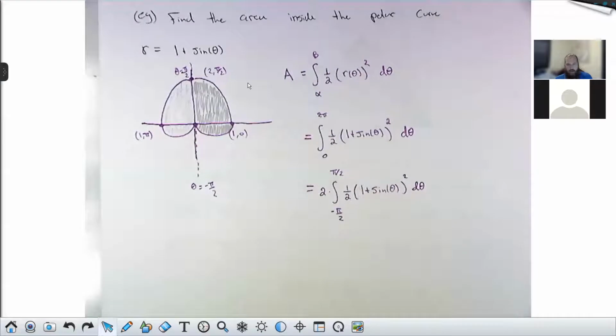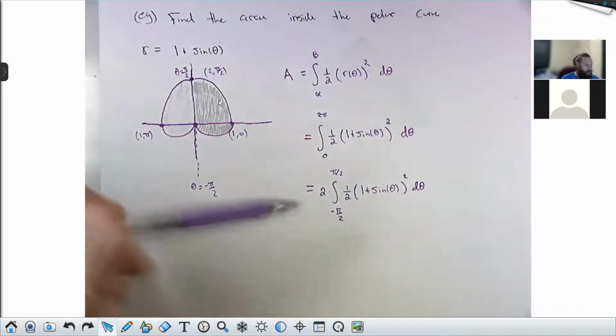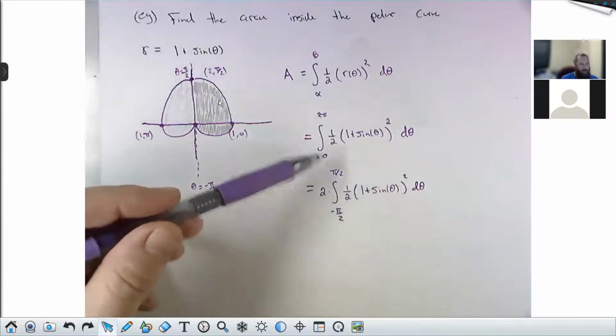You won't get the wrong answer if you don't do this, but there will be a lot of problems where the integral is easier if you do this. And generally, exploiting symmetry is a good thing. It's a skill you want to develop. Do we see why these new bounds are what they are, negative pi over 2 and pi over 2?